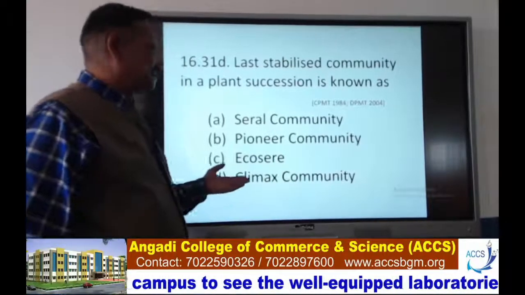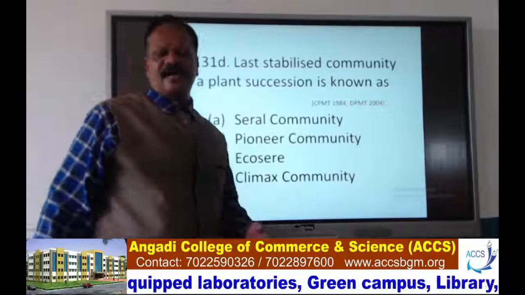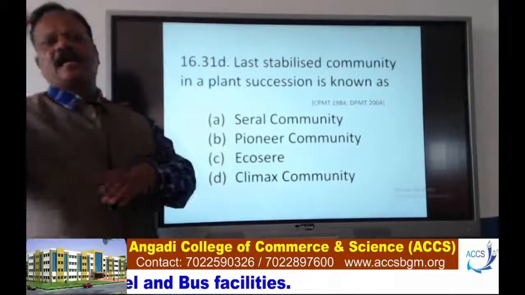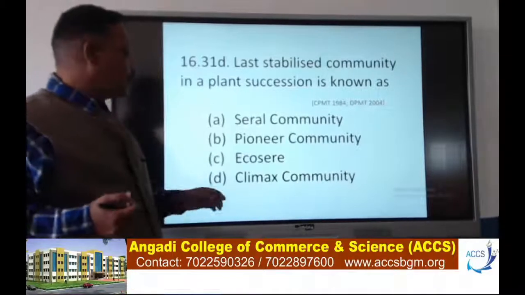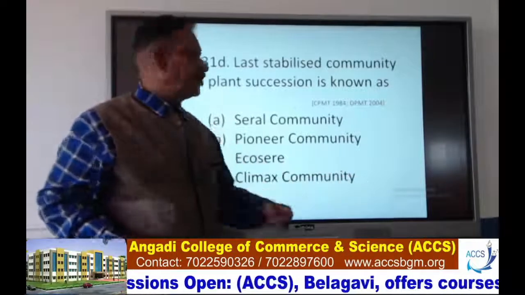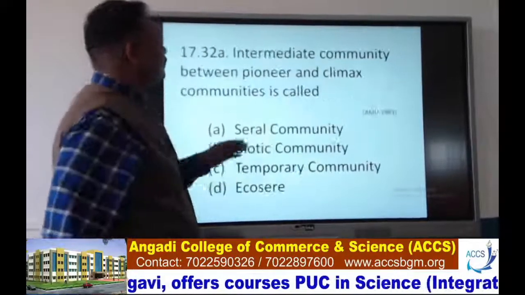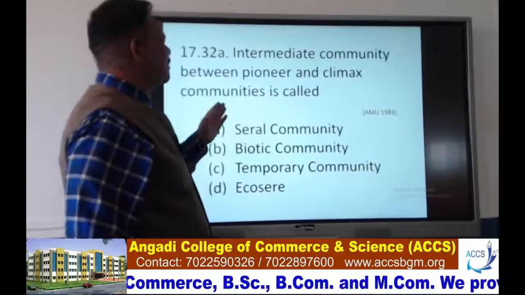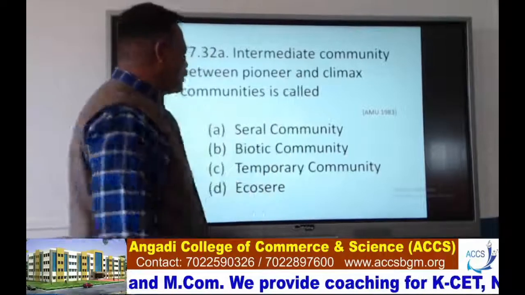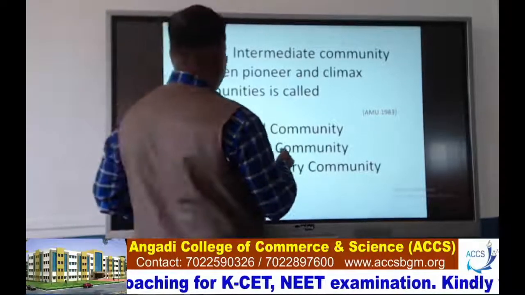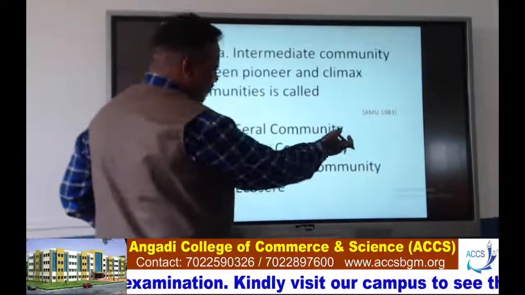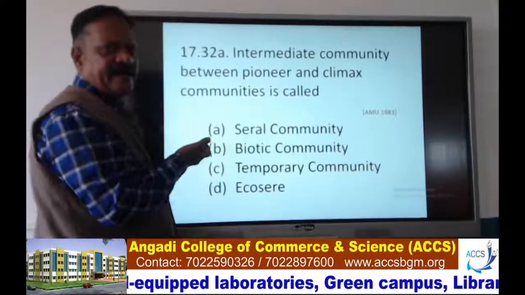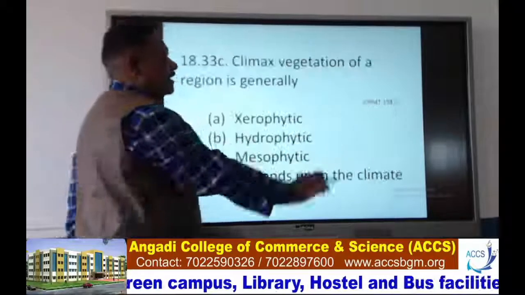It is called as climax community because at the end, if the water body is there, it gets converted into forest. So it is called climax community. Next one, intermediate community between pioneer and climax community is called seral community, biotic community, temporary community, then ecosphere. It is called seral community. Option A, seral community is right one.